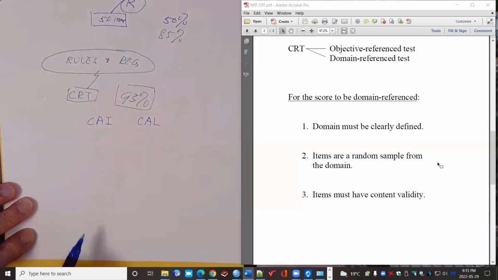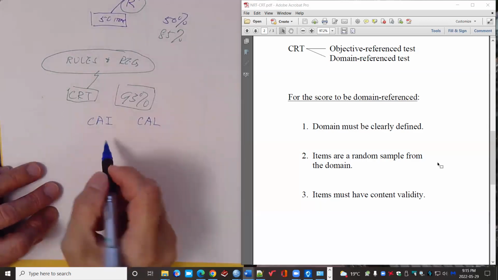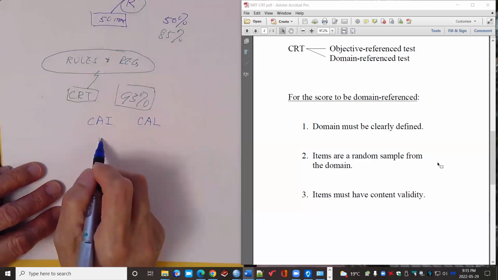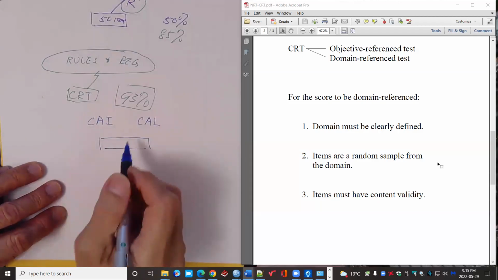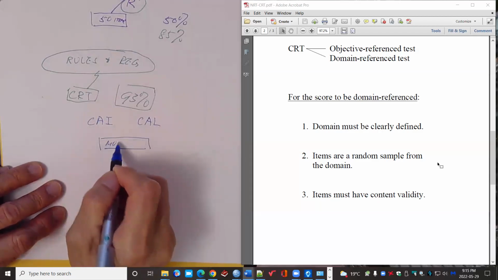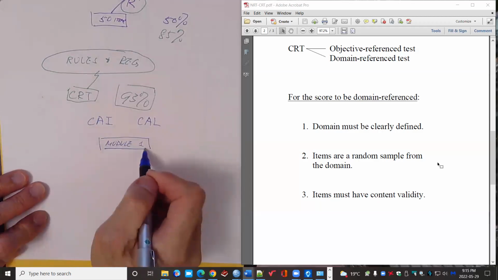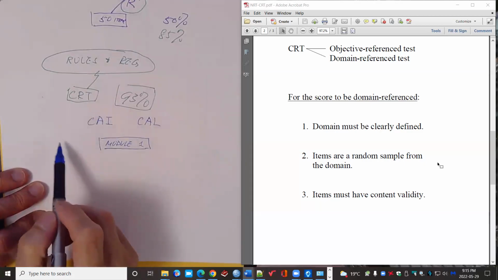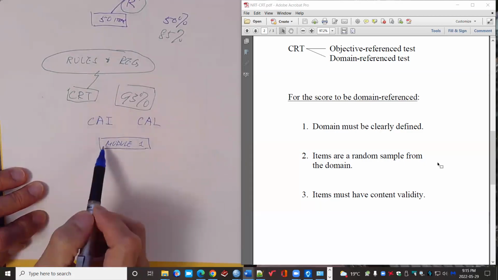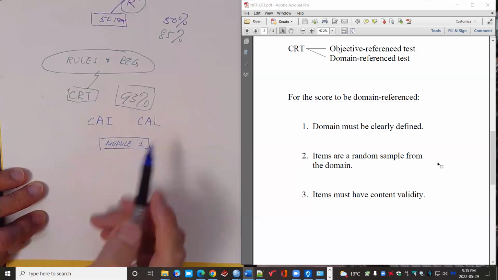So what they do is the following. Here is module one. The computer presents all the materials in module one.